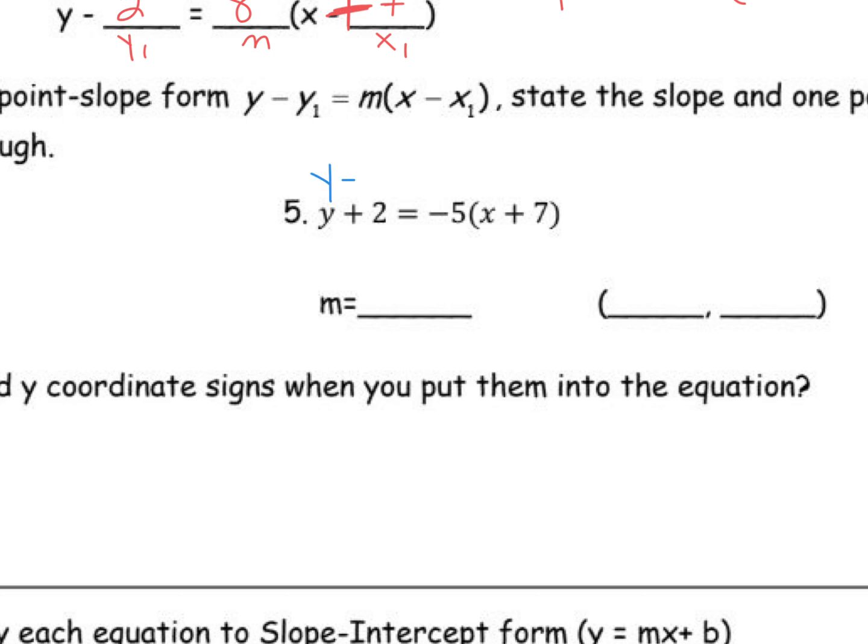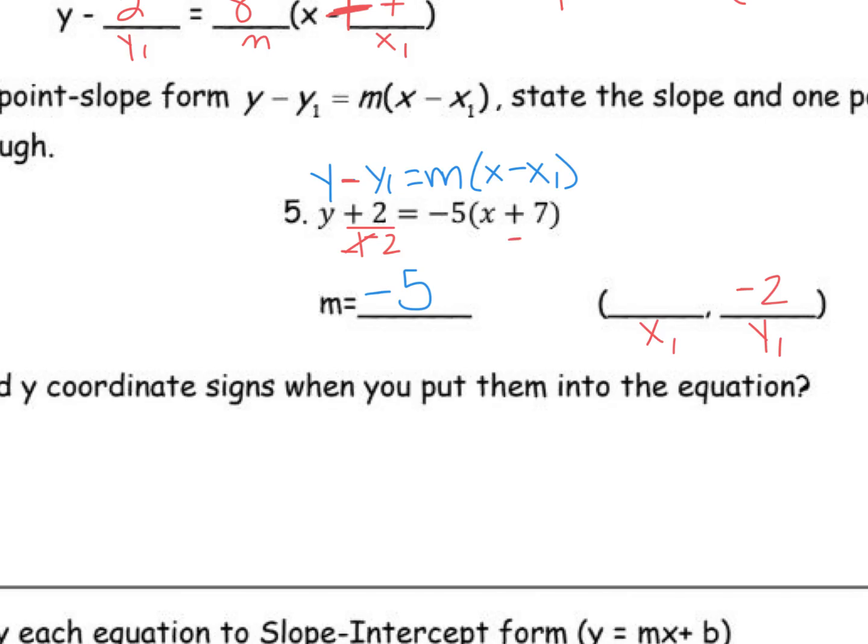Y minus y1, x minus x1. So our slope, that's the easy one, minus 5. And again, we have a minus here, but now it's a plus. So that meant that my y1 was originally a minus 2, because remember, a minus minus becomes a plus.